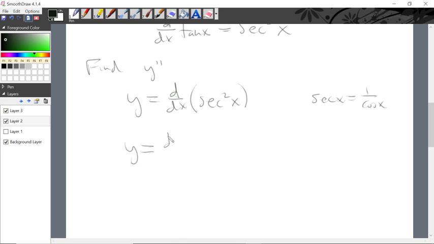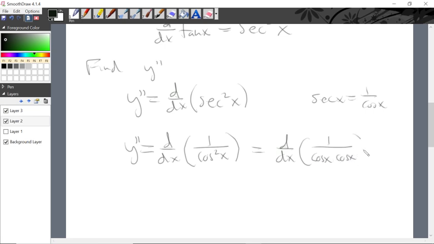So y double prime, the second derivative, is the derivative of 1 over cosine squared x. Now to do this, we're going to need to write this as a product: 1 over cosine x times cosine x.